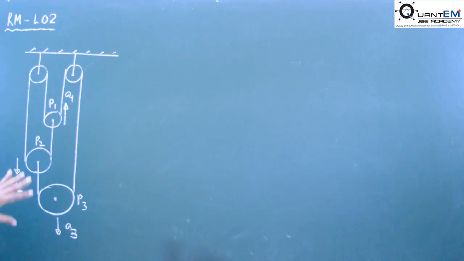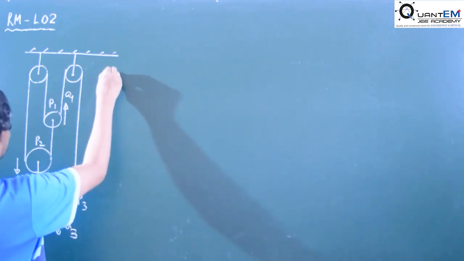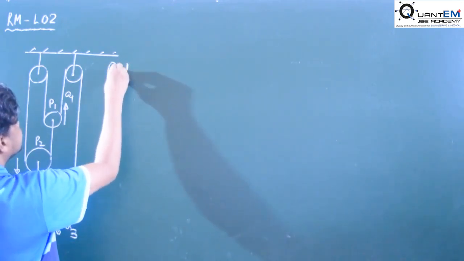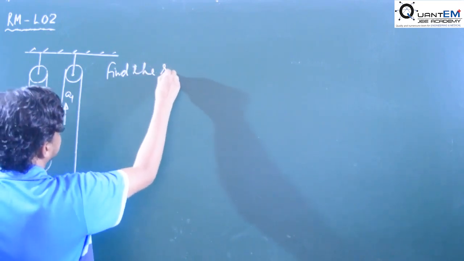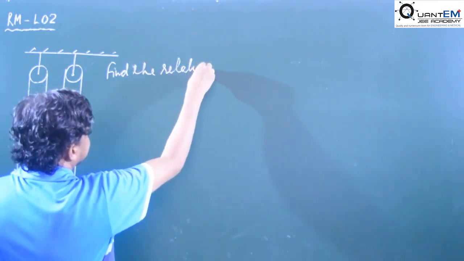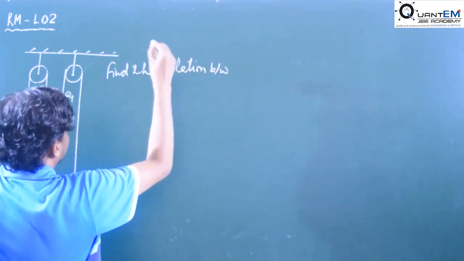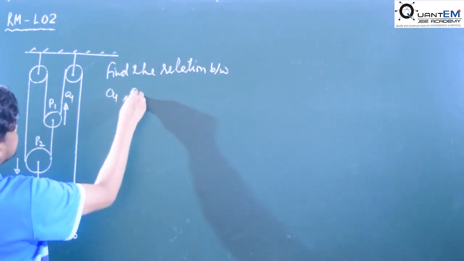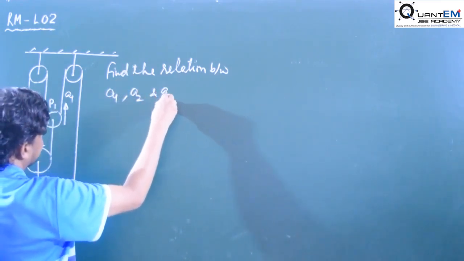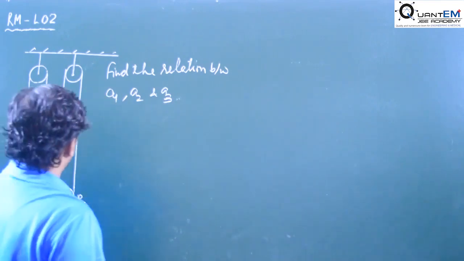These directions are given. You have to find the relation between A1, A2 and A3. This relation we have to get.